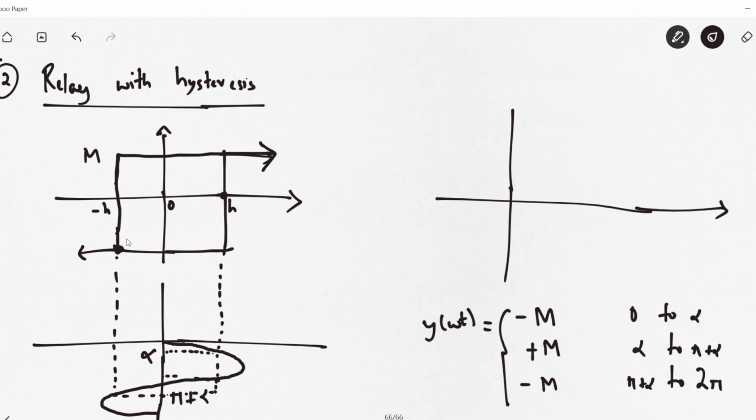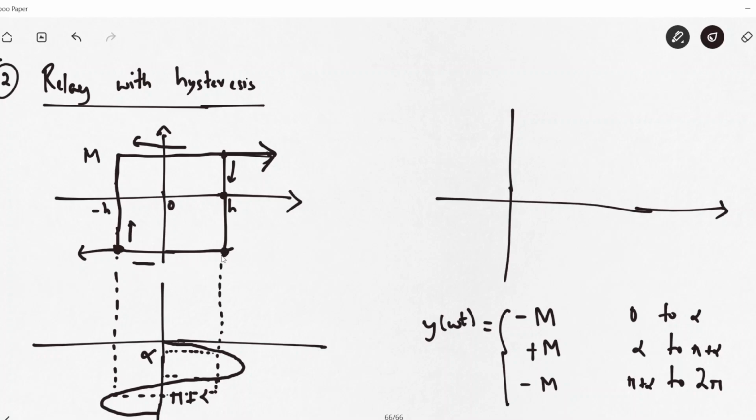So what is happening in this curve is, between this hysteresis period, say for example we take this as an initial point, our graph is going in this direction, but when it comes back it does not traverse this direction, it traverses this direction. That's actually the concept of hysteresis, and it follows this path up to pi plus alpha. Beyond this region, again it will be equal to minus m up to 2 pi. When it comes back, it does not go back through this path, it traverses this path.